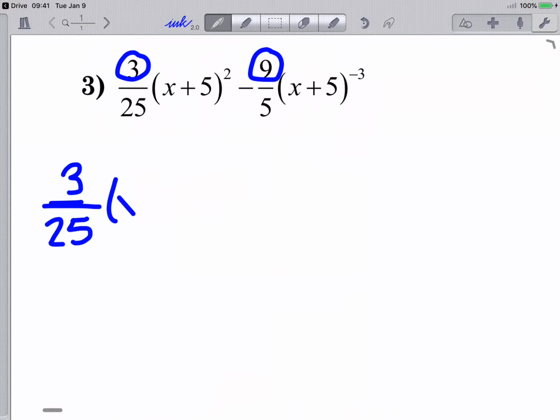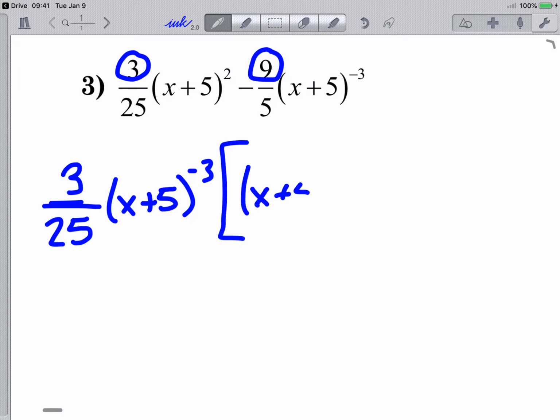Now with regards to the x plus 5, my smallest exponent is -3, so that's what I'm going to factor out. Now I write my big bracket, and now I go to dividing. So 3 over 25 divided by 3 over 25 is just 1, so my coefficient is 1 for the first term. And then I do 2 minus a -3, which is +5. So I've got x plus 5 to the 5th.